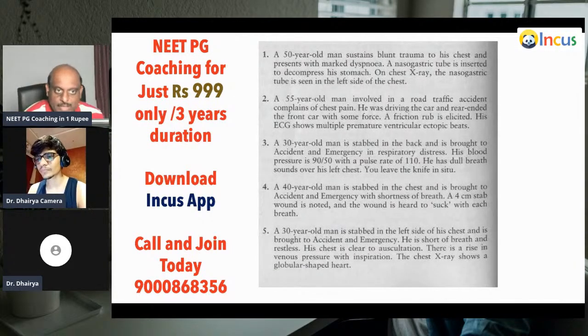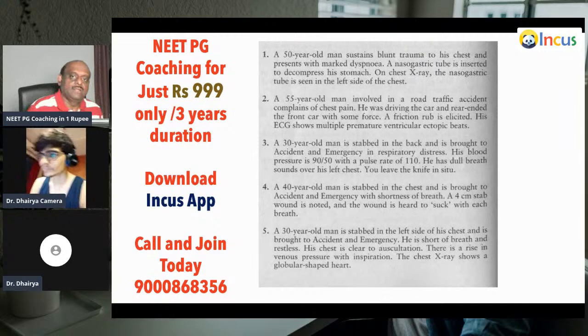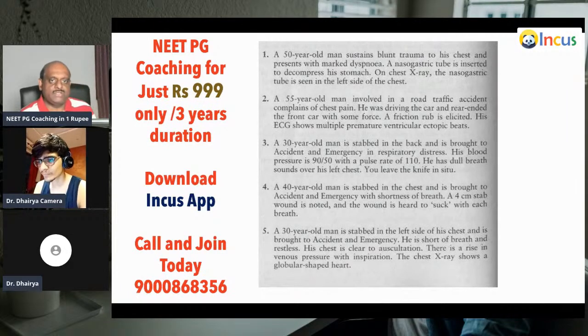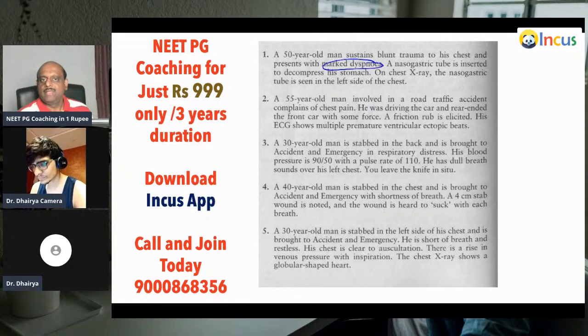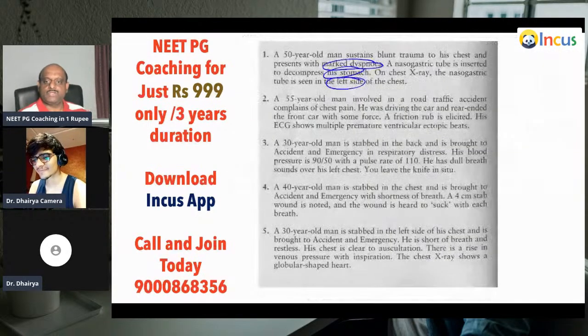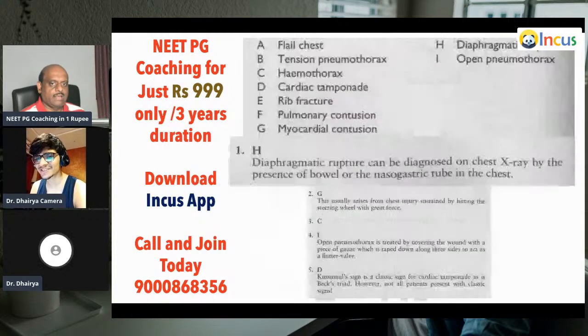Now, doctor, a 50-year-old man has blunt trauma to the chest and marked dyspnea. A nasogastric tube is placed to decompress his stomach. But on chest X-ray, the nasogastric tube is seen on the left side of the chest. So, what is your diagnosis, doctor? This is just a Ryle's tube that has gone into the bronchus rather than into the esophagus.